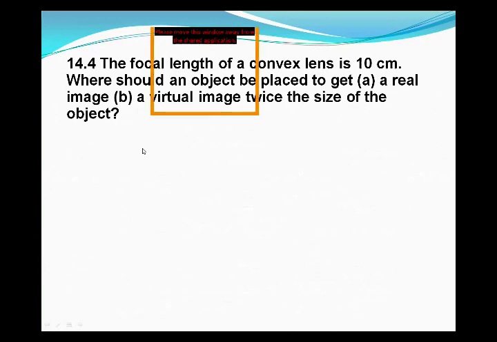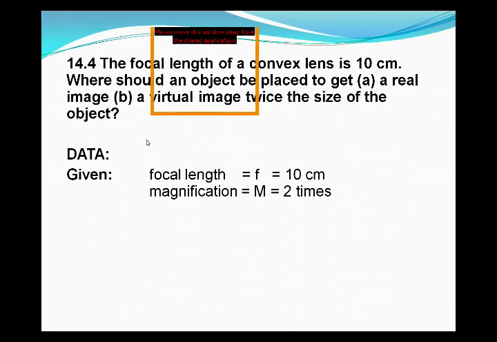Here, in the data, we will make the given. The first one, focal length is given. The focal length is represented by small f, that is equal to 10 centimeter, while one more thing is given: the image is twice the size of the object. Twice the size of the object basically shows the magnification.